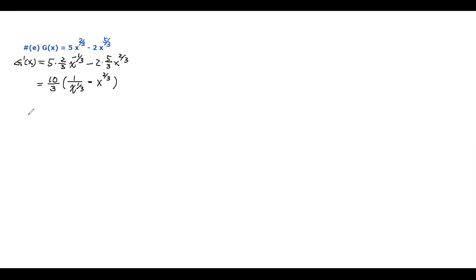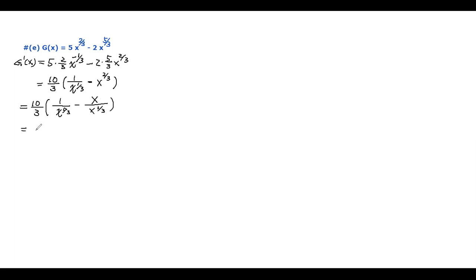Okay, common denominator, combine. So this is 10/3, and this is x to the 1/3, minus x to the 1/3 over a common denominator, right? Take a look, this is 2/3. If you put the 1/3 on the denominator, here it will be x, right?